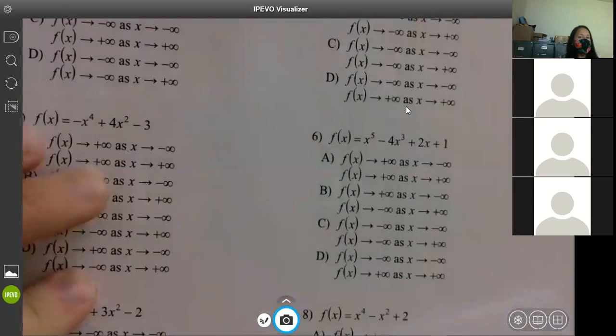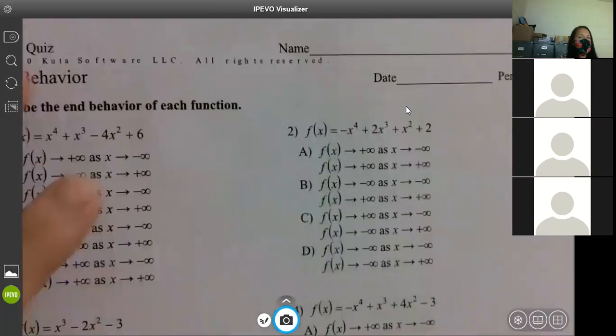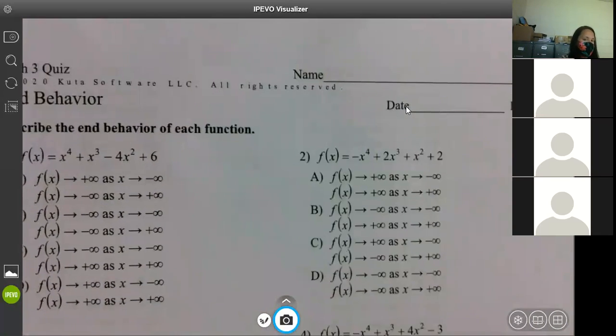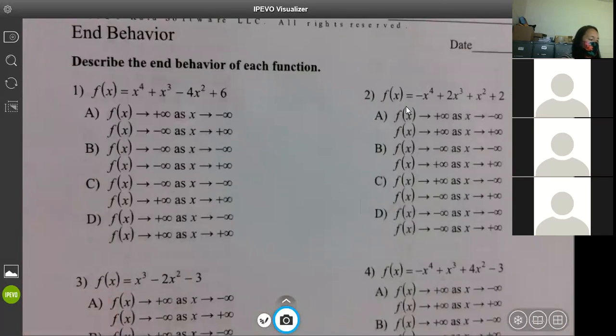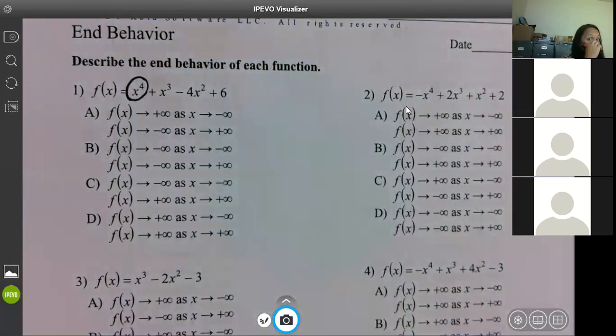Okay, so let's look at our quiz for a minute and let me explain the answers to you, because if you look, they're backwards. Does everybody see that? They just write their f of x first. So if we look at this first one, I'm going to help you out with it. We have a degree of 4, which means it's even, which means what? Same direction.